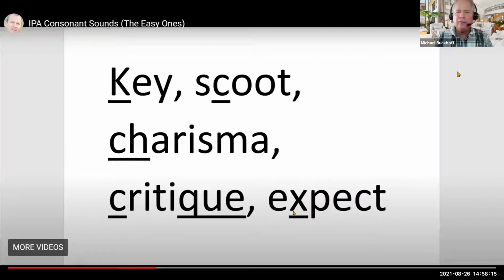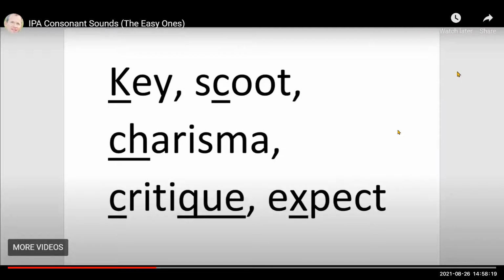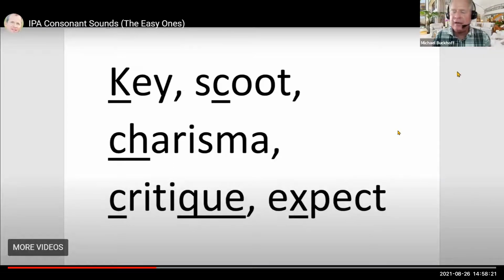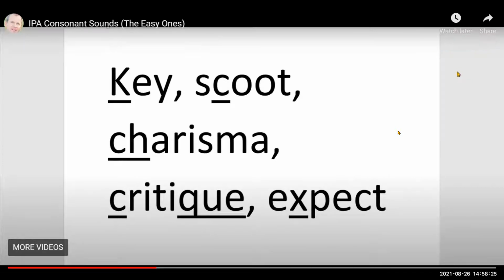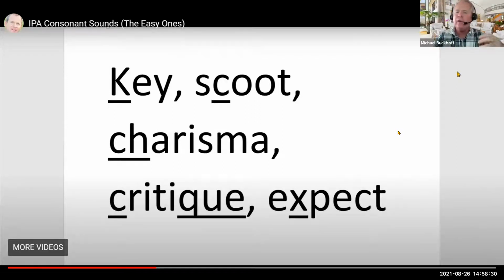It's hard to pay attention to it. I didn't say expect, I said expect. So that E is kind of epsilon EKS. So the K can be very confusing because you have all of these different spelling patterns.